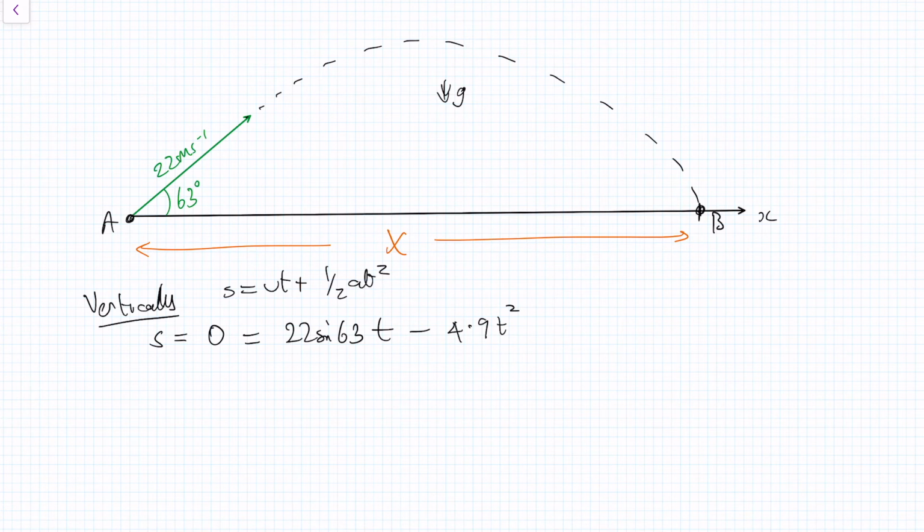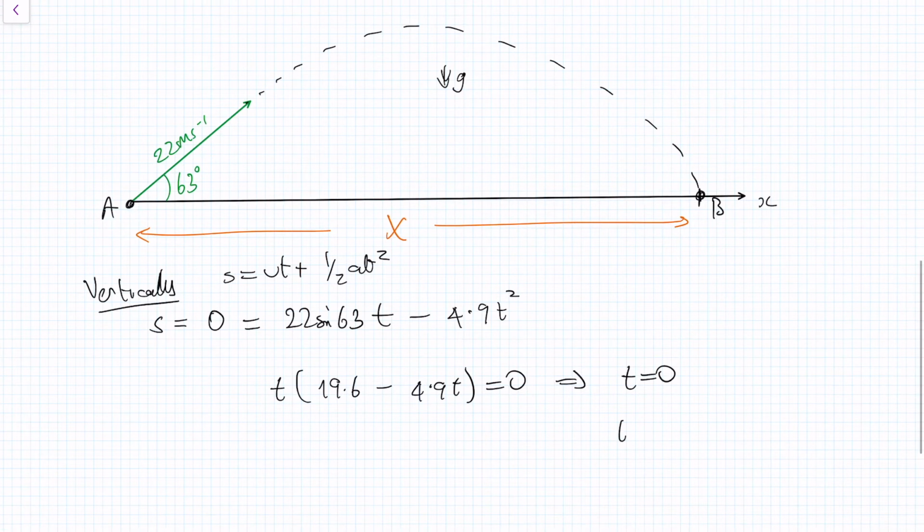So 22 sine 63 turns out to be 19.6, giving 19.6 t minus 4.9 t squared equal to 0. That implies t is 0, which makes sense because the height was 0 to begin with, or t equals 4, so it's 4 seconds.